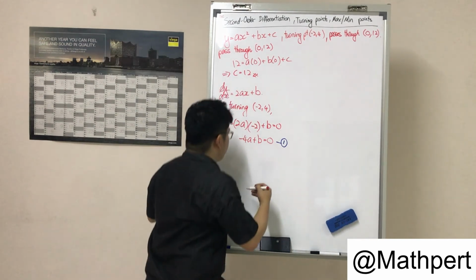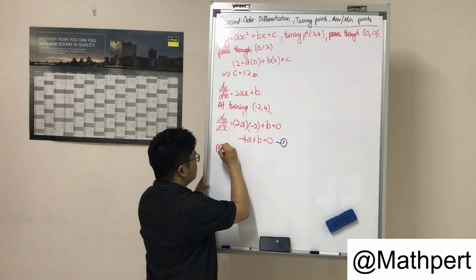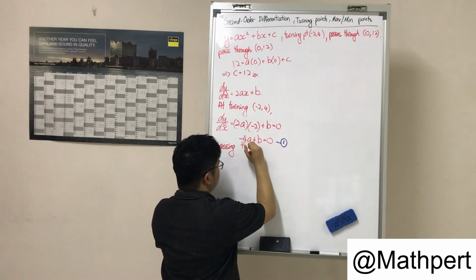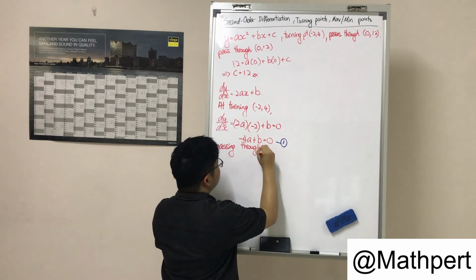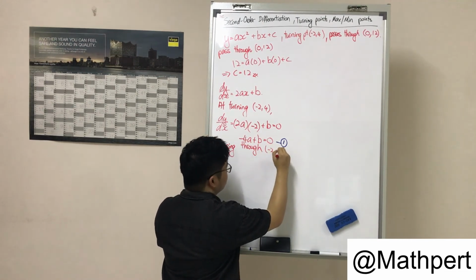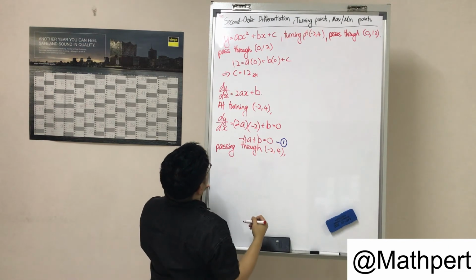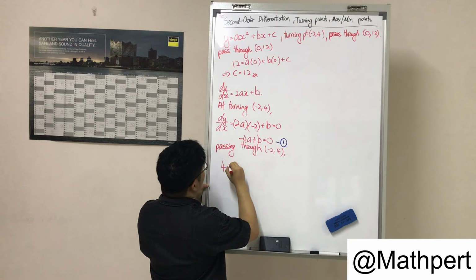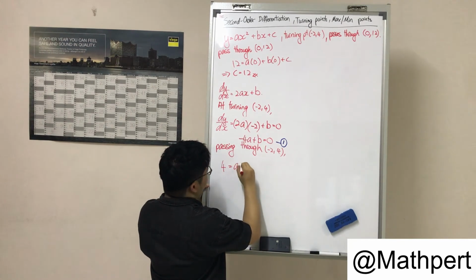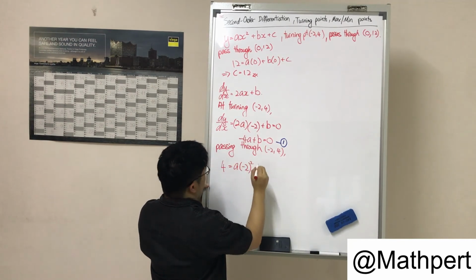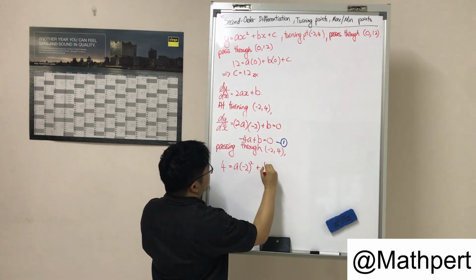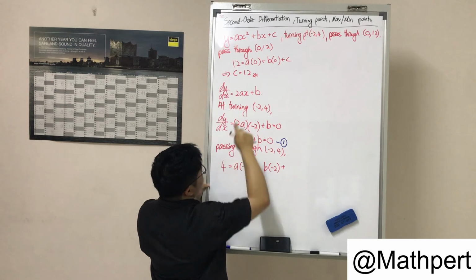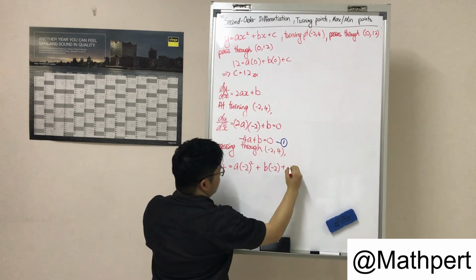So passing through minus 2, 4, substitute in it, y equals 4. a multiplied by negative 2 squared plus b multiplied by negative 2 plus c, which is 12.